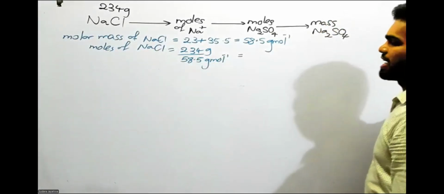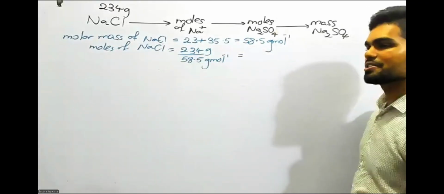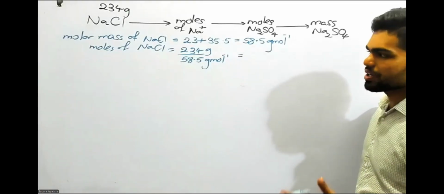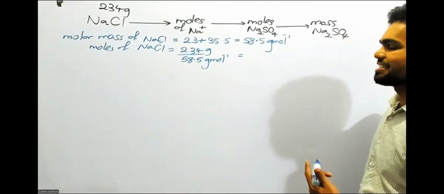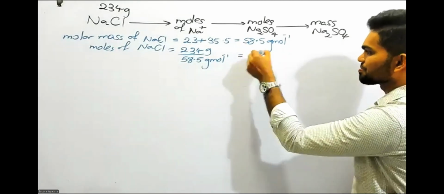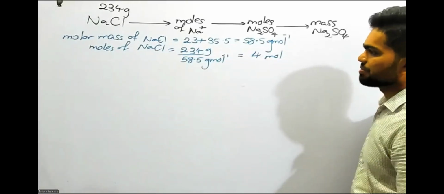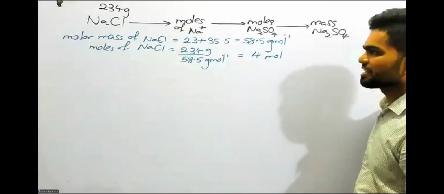You can see it's divisible, because 58.5 times 4 is 234. So you'll have exactly 4 moles. You can make sure after dividing, but anyway we'll get this answer.